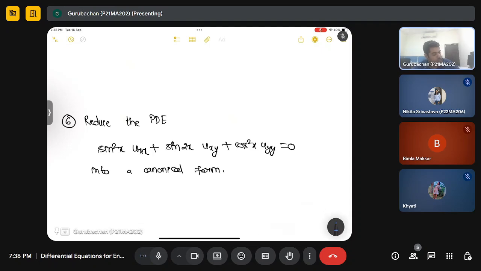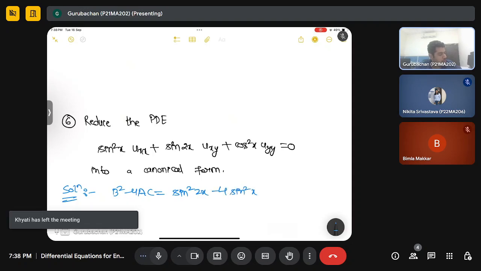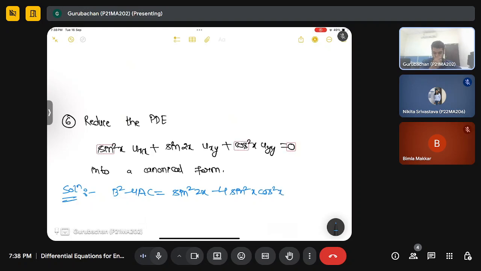So again, here the value of b square minus 4ac is sine square 2x minus 4 times sine square x and cos square x. So this will be your value of sine 2x, and so this will give you the exact value as 0.